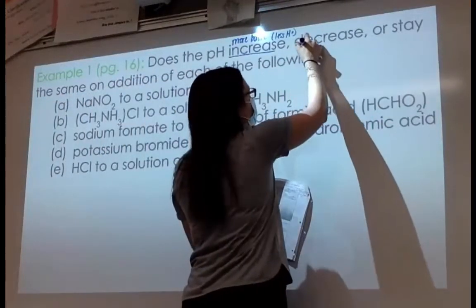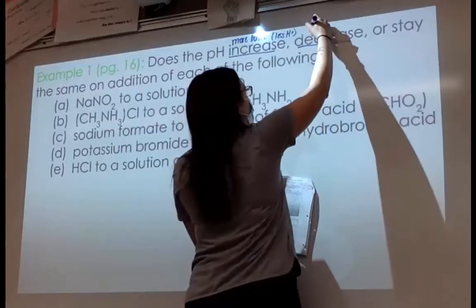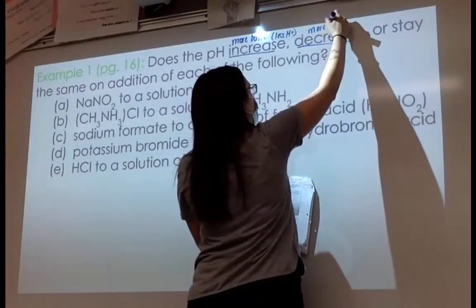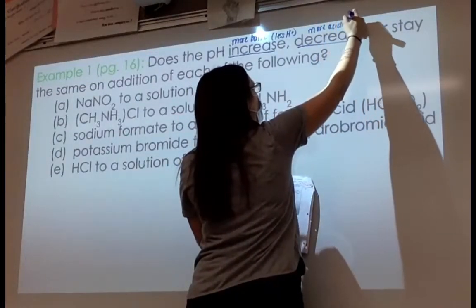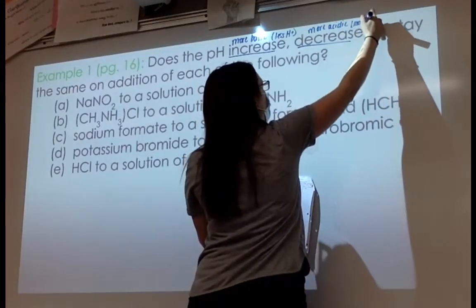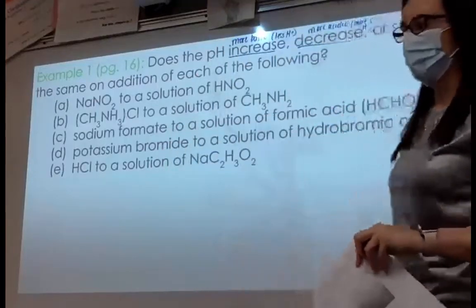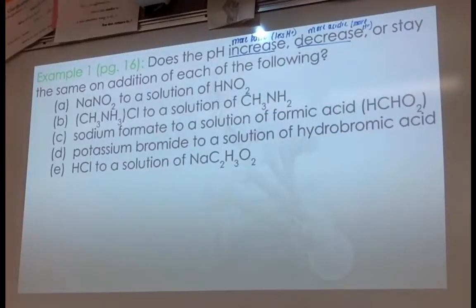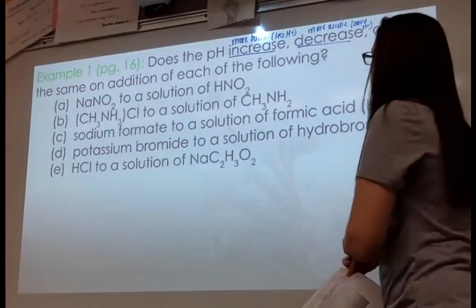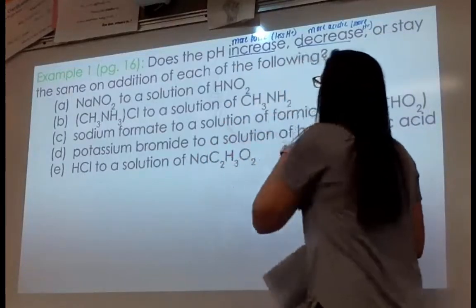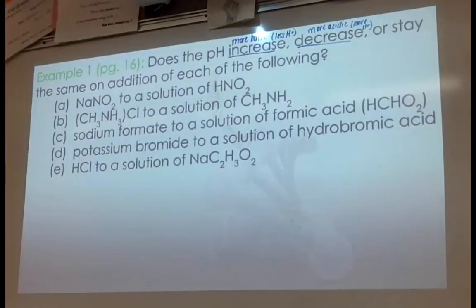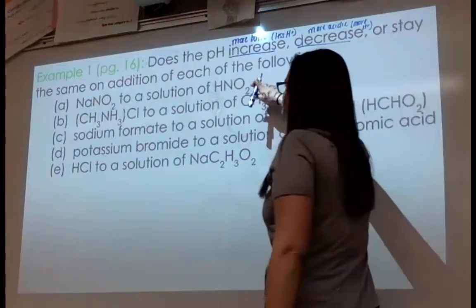Does the pH decrease? If the pH is going down, it's becoming more acidic, which means more H+, or stay the same. There'd be no effect. So we're looking at how pH will change. Is it becoming more basic, more acidic, or is nothing happening? And we have 5 different scenarios.